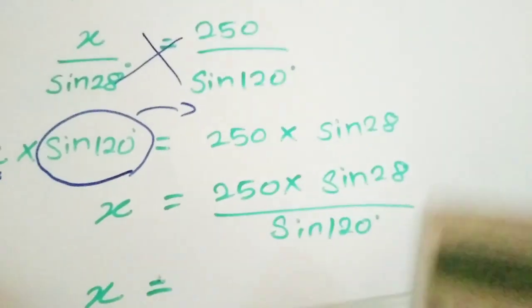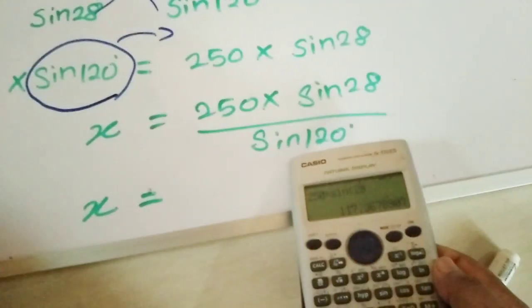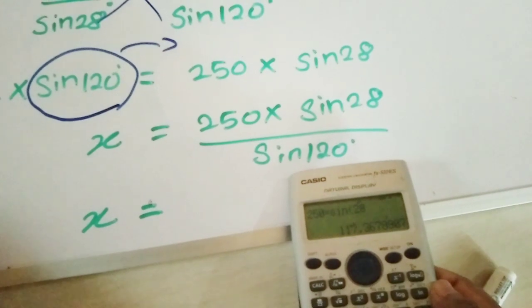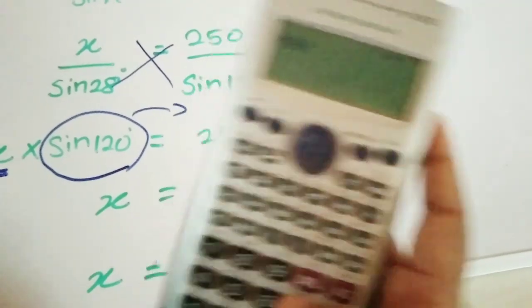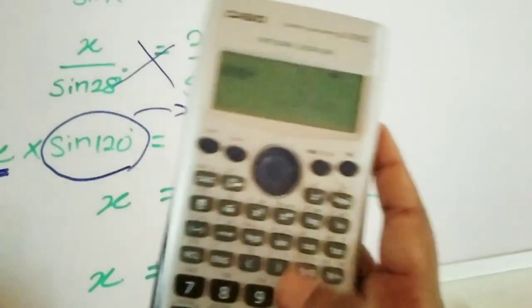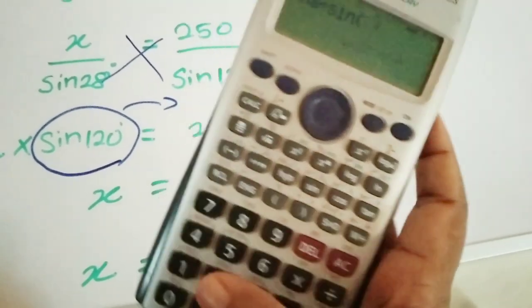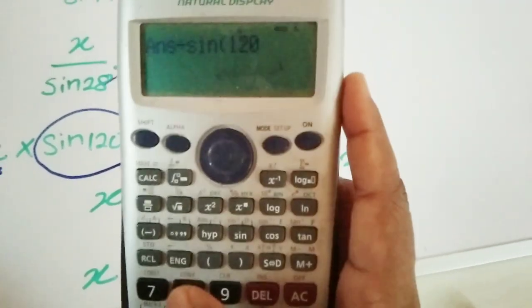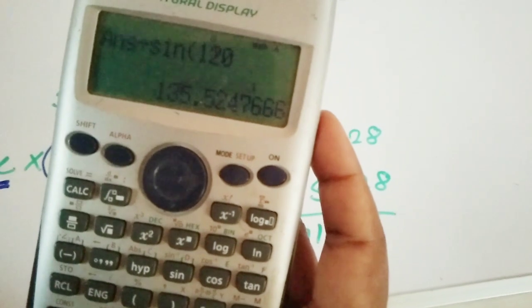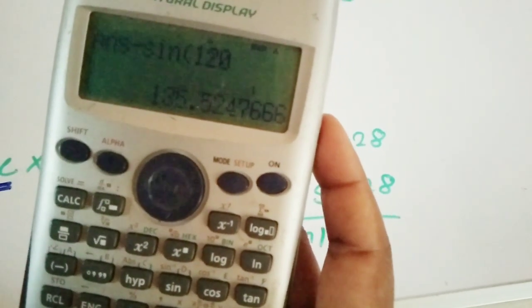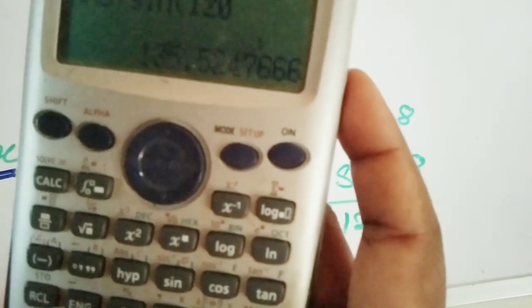Okay, the answer should be divided by sine 120. So division, sine 120. What's the answer we are getting here? Equal to 135.5247666. Okay, let's write the answer.